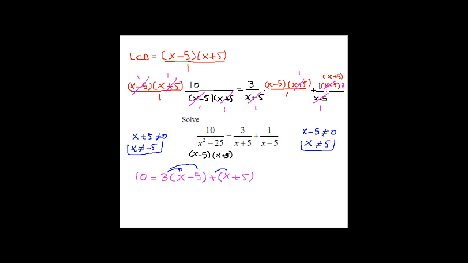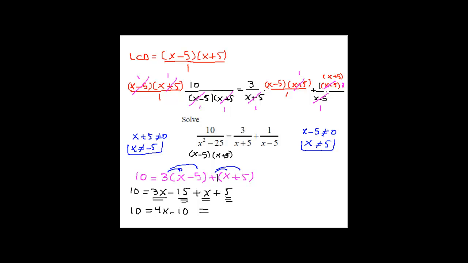So let's go ahead and continue with this. Let's distribute to solve for x. I get 10 is equal to 3x minus 15. And then if I distribute this plus 1 here, I get plus x plus 5. So on the right-hand side, I get 3x plus x would be 4x. And then these two numbers add up to minus 10, equal to 10.